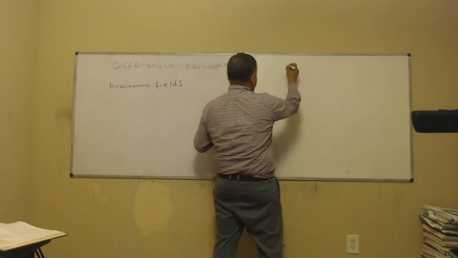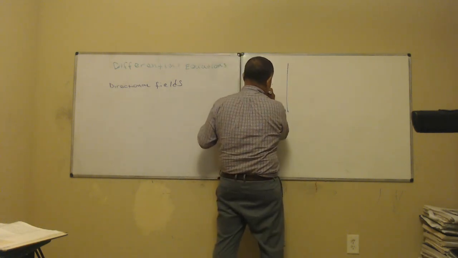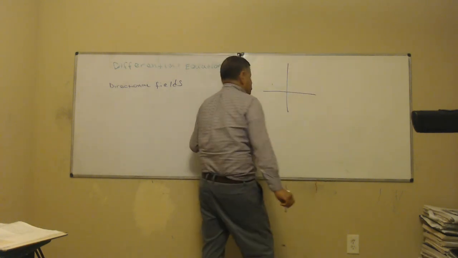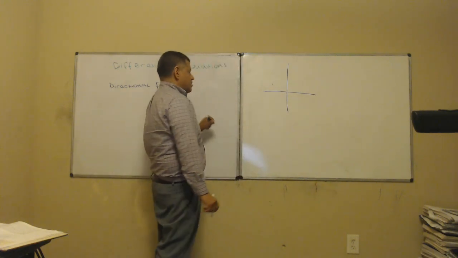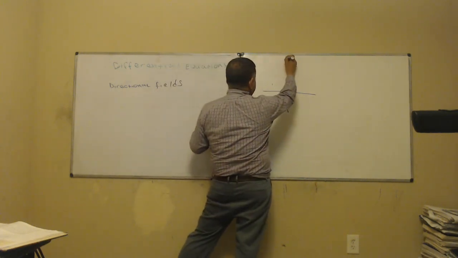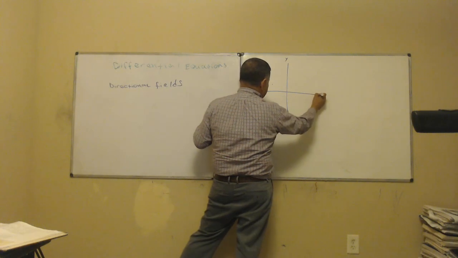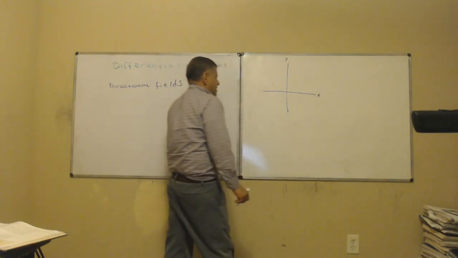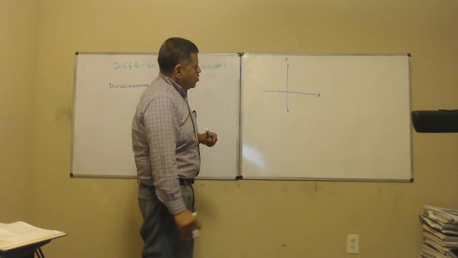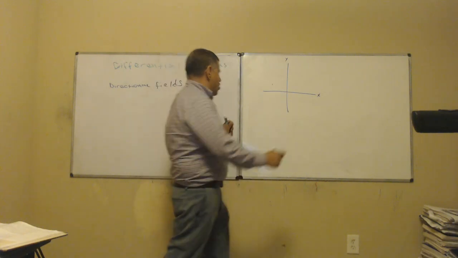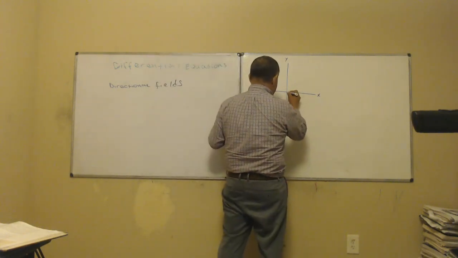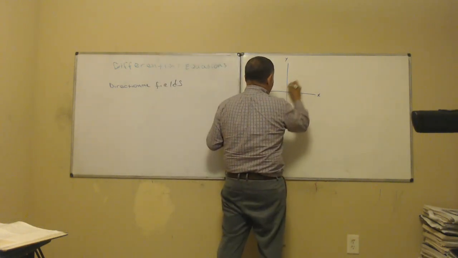Let's say, for example, we have an XY plane, right? So this is Y, this is X. And then we have a function that goes somewhere in this graph.